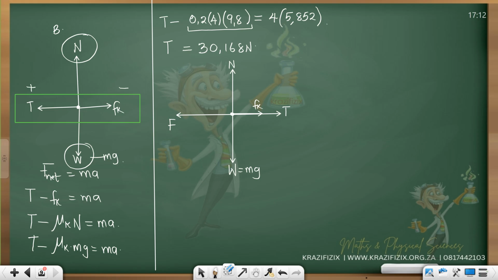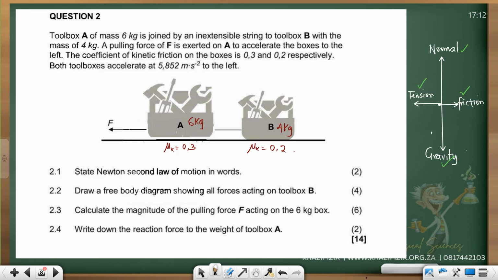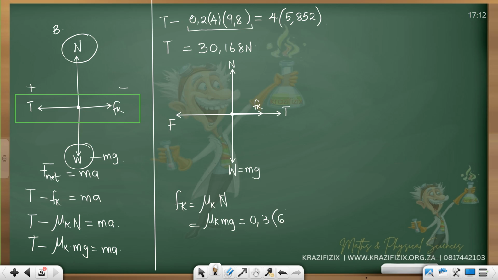Similarly, like the first one, we do not know friction. Let me calculate that one out. Mu times normal force, which is times mg, 0.3, I believe, and the mass is 6, and g is 9.8.